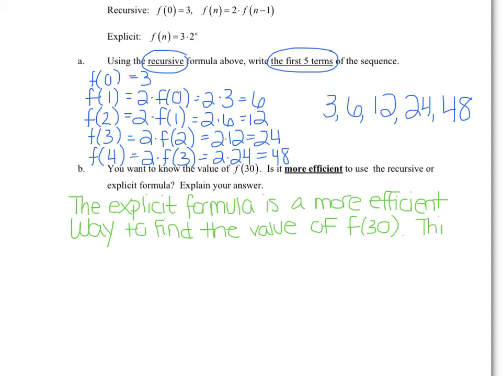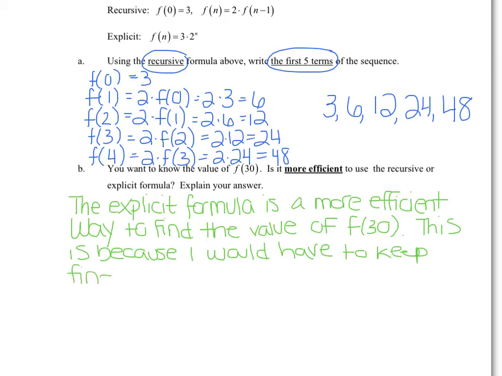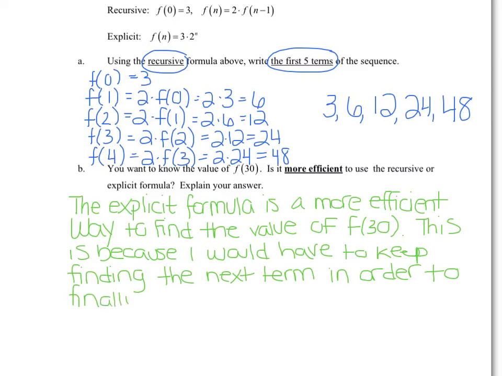So this is because I would have to keep finding the next term in order to finally get the 30th term if I use the recursive formula.